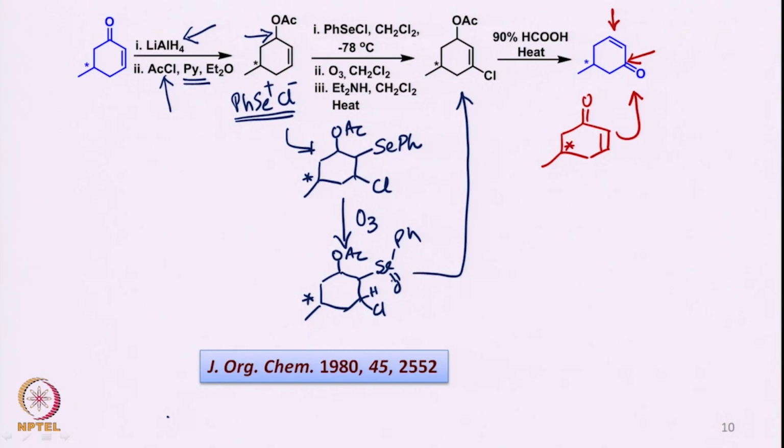So you have an elimination here to give this double bond, and then this is reacted with 90% formic acid.